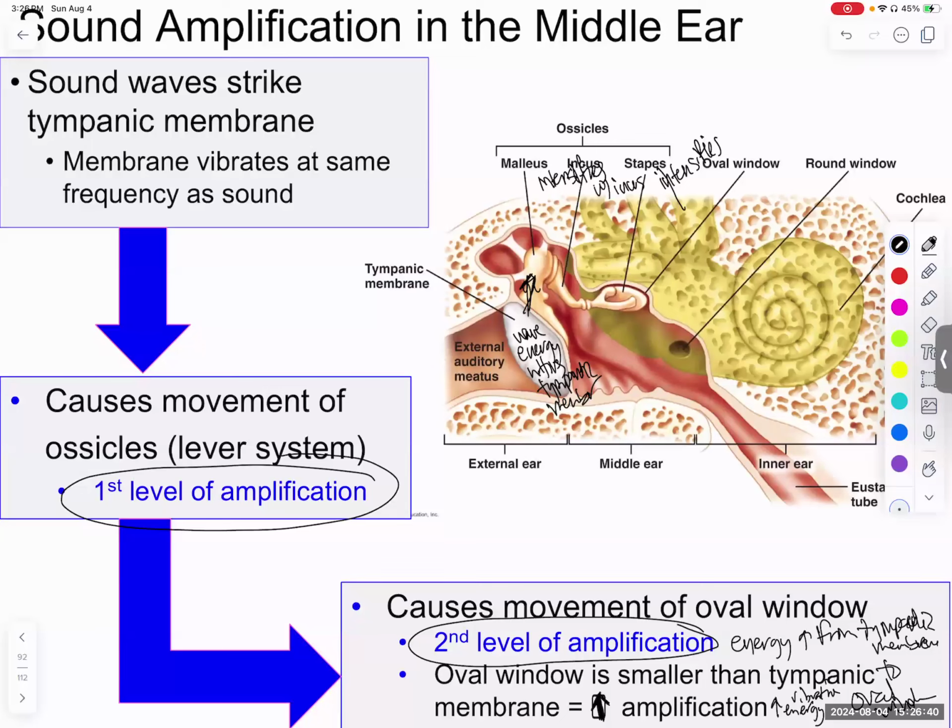So there's amplification from the tympanic membrane. It increases with each auditory ossicle, and then the oval window is also smaller. So it gets even more energy because it's going from big, kind of shoved into small, and so it intensifies that energy as it enters the inner ear.